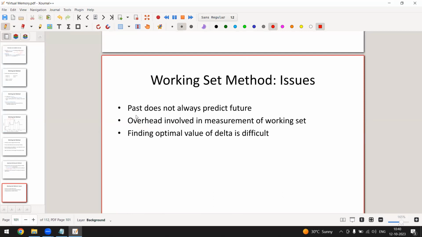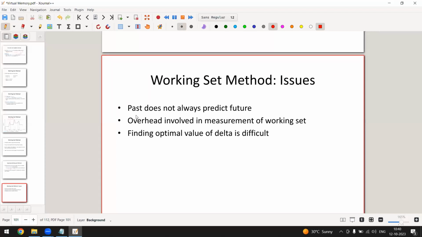What can be the issue in case of working set method? One issue is very simple: past does not always predict the future, right? You are relying on the past, on the principle of locality, that whichever pages were referenced in the past, those pages I am keeping in the working set.